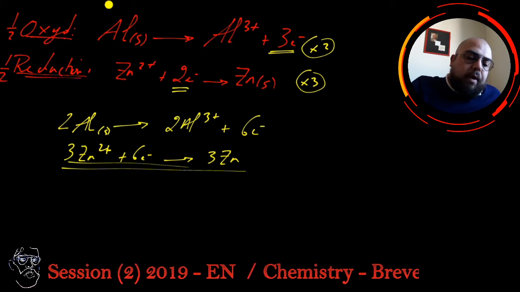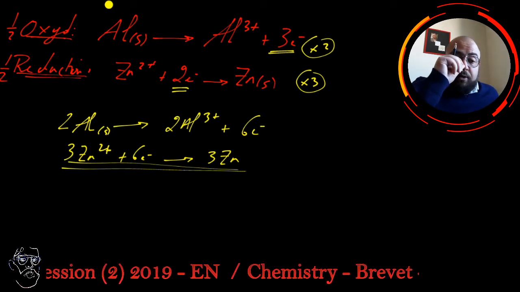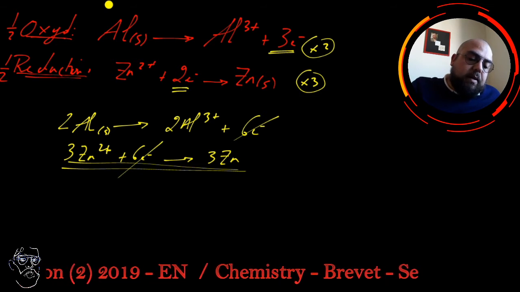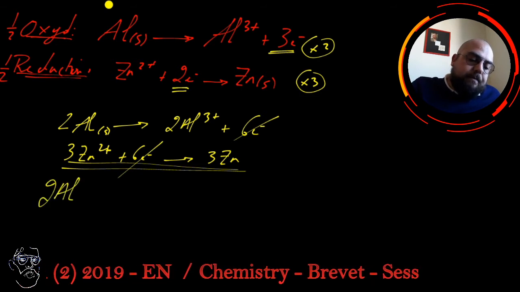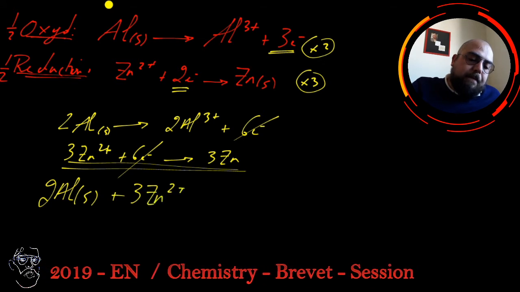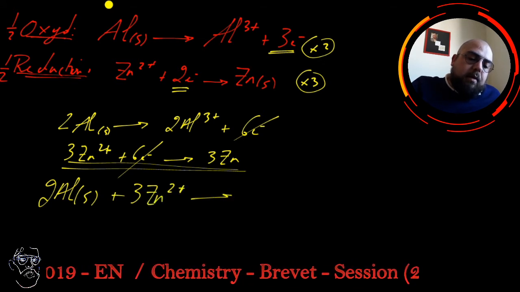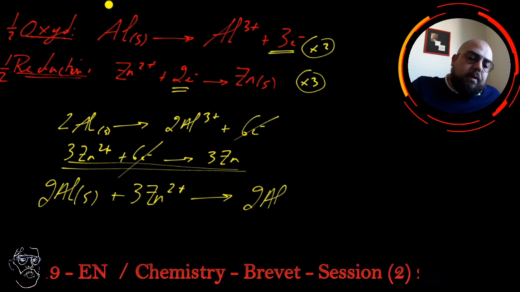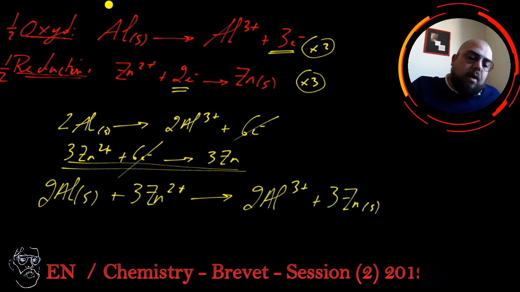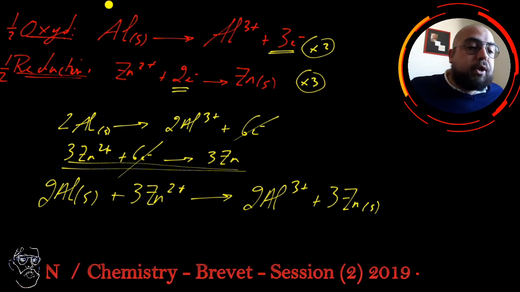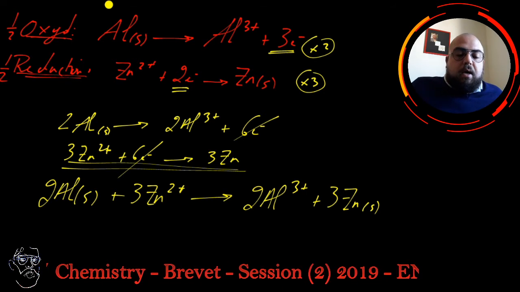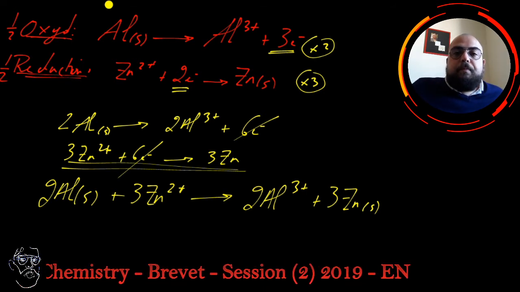Now for the overall reaction, I should add them, so the 6 electrons on each side cancel out. 2Al plus 3Zn2+ gives me 2Al3+ plus 3Zn. This is the overall equation of the reaction which is going on in the cell represented by the schema.